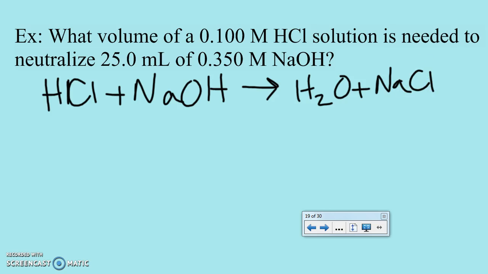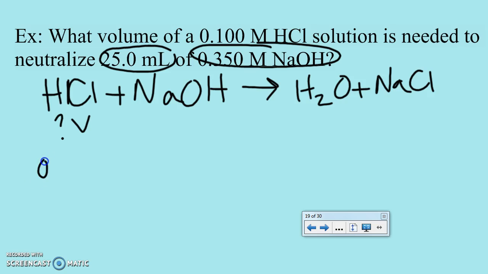We have a known concentration of NaOH and a known volume of NaOH, and we're looking for the volume of HCl that is needed to neutralize the NaOH. In other words, what volume is needed to react stoichiometrically.